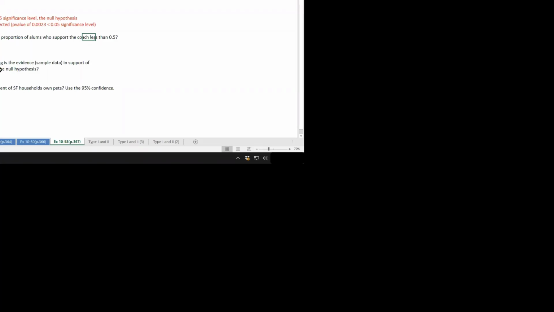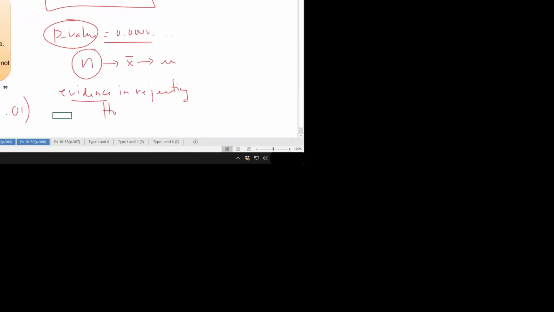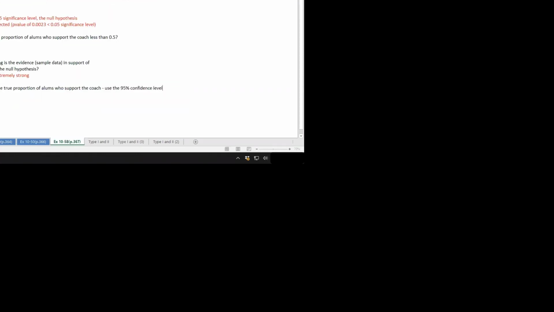Third question. How strong is the evidence in support of rejecting the null hypothesis? Very strong. In fact, probably, is there a word there, extremely strong? It's close, but it's away from at least 0.013. So almost extremely strong, right? Okay, so what is the true proportion of alums who support the coach using the 95% confidence level?